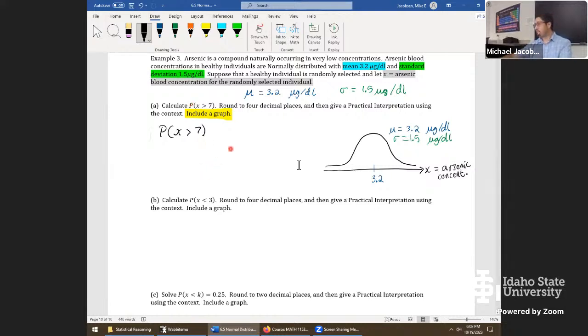Next thing we should do to our graph, place the 7 somewhere, but it's got to go pretty far to the right this time. I mean, 1.5 would take us here. That would be a 4.7. Add 1.5 again, we'd be here at about 6.2. We need to be off to 7, so it's pretty far to the right. Doesn't have to be placed perfectly, just in the relative neighborhood so that the answer we get looks believable based off the graph.